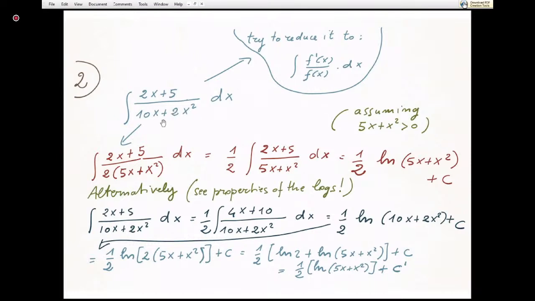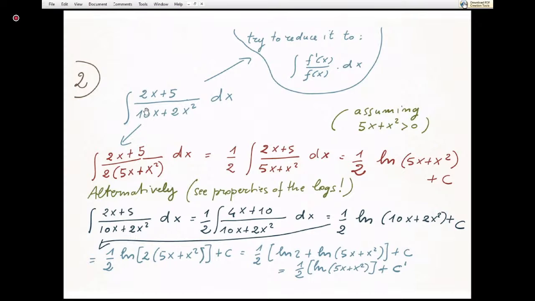Now look at this. The derivative would be 10 plus 4x. Here we have just 5 plus 2x. Okay. We basically have the derivative here because the derivative is this one times 2. Alternatively, we could regard the denominator as 2 times 5x plus x squared.